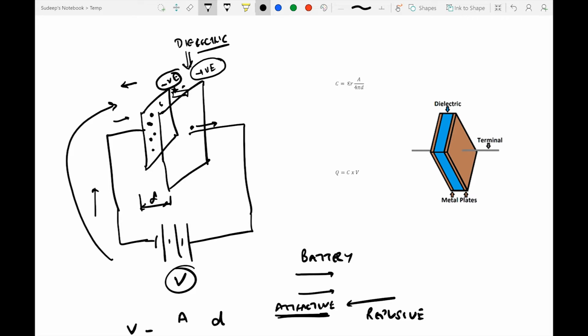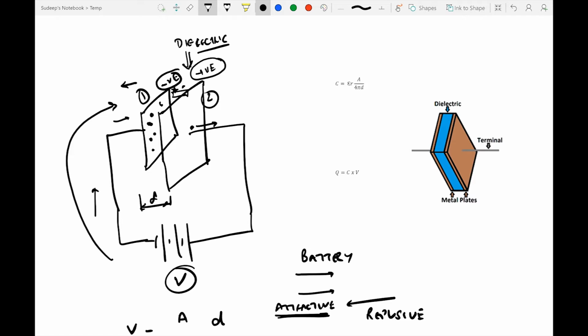So the dielectric material, when inserted, is able to assist the force in between, with plate 1 being able to repel electrons out of plate 2, and plate 2 being able to attract further electrons into plate 1.